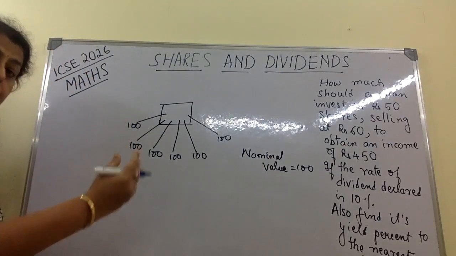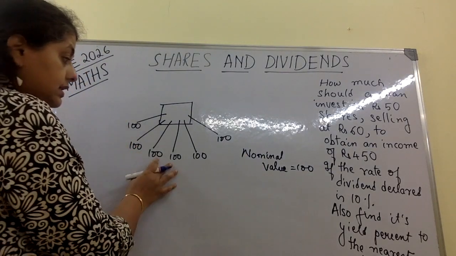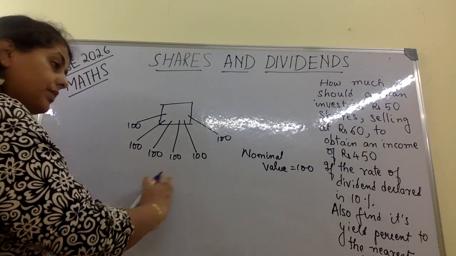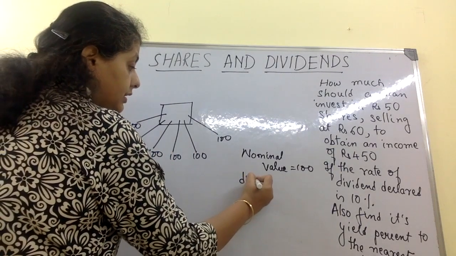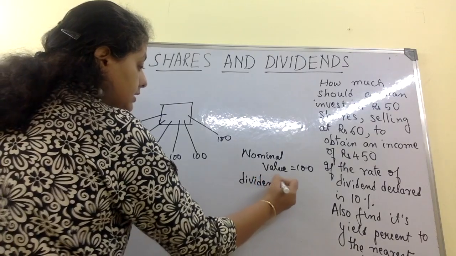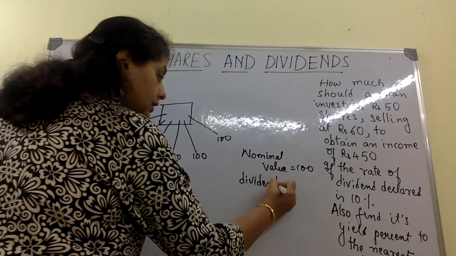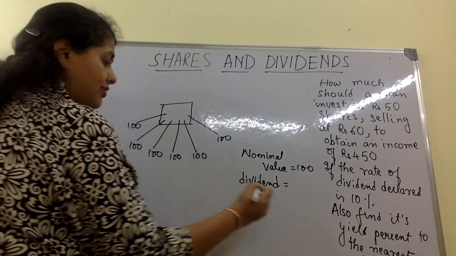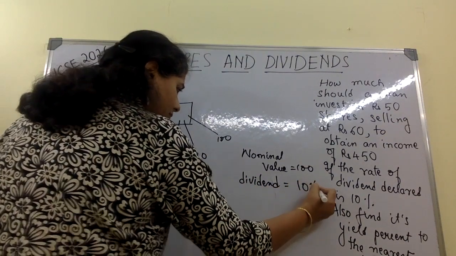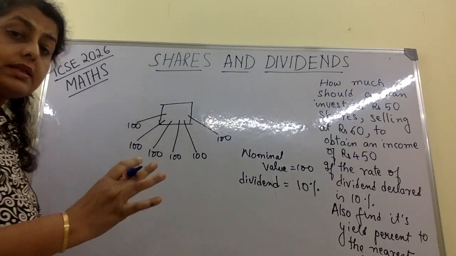Now the company also declares a dividend, which is given as a percent. So let's say the company is declaring a 10% dividend. What does that mean?